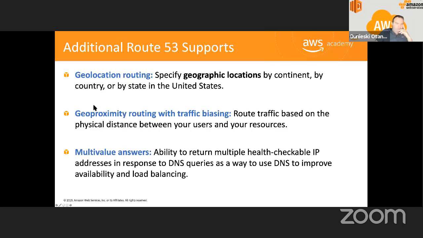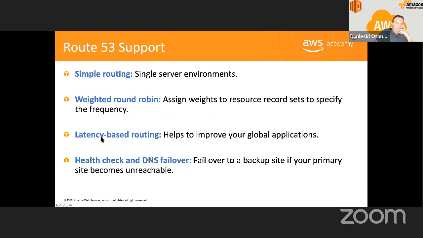Okay, geoproximity. What geoproximity does is route the users where the physical distance is the shortest between the users and the resources. The difference from latency is that latency doesn't have to do with the distance.